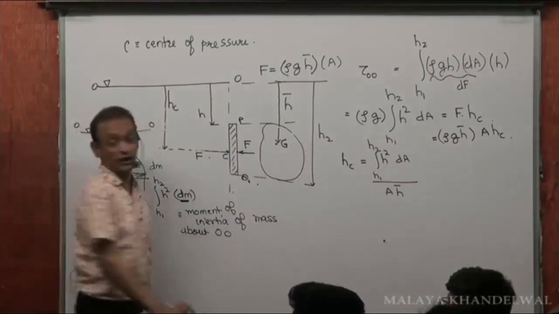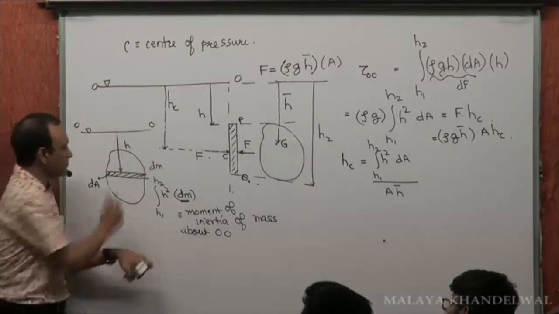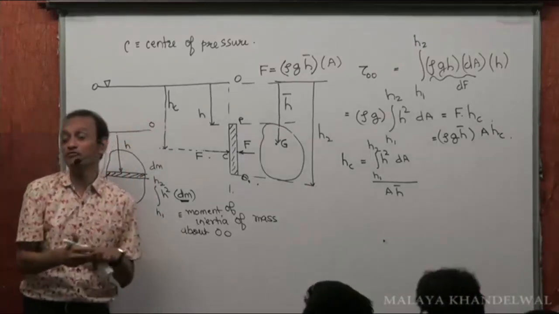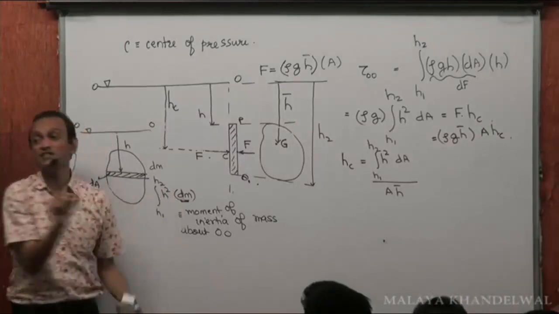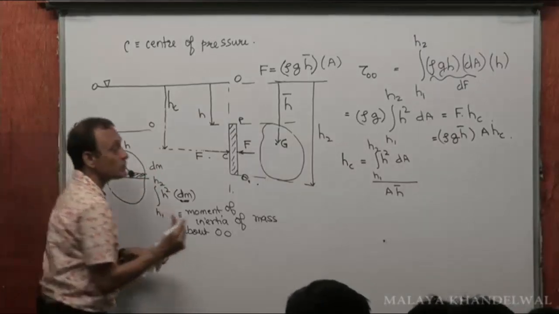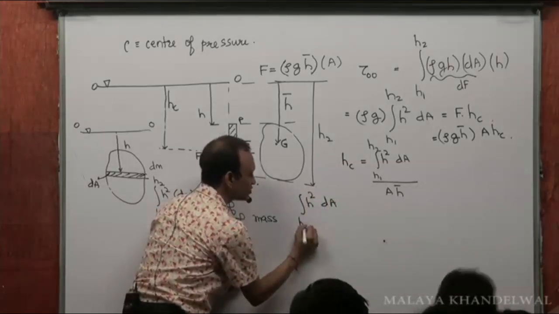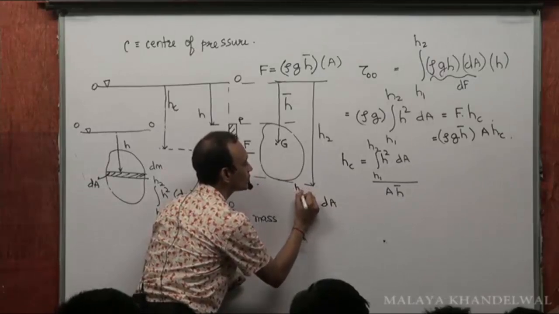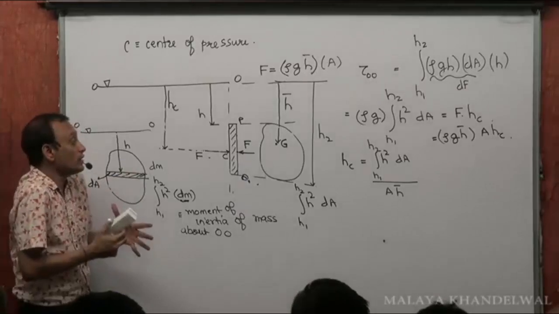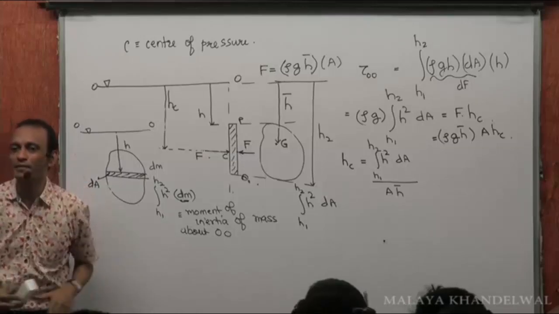I take every mass element, square of its distance from the axis. But if I want to compute moment of inertia of area, then this dm would be replaced by this dA. So integral h squared dA, h runs from h1 to h2, will give me moment of inertia of area about OO.